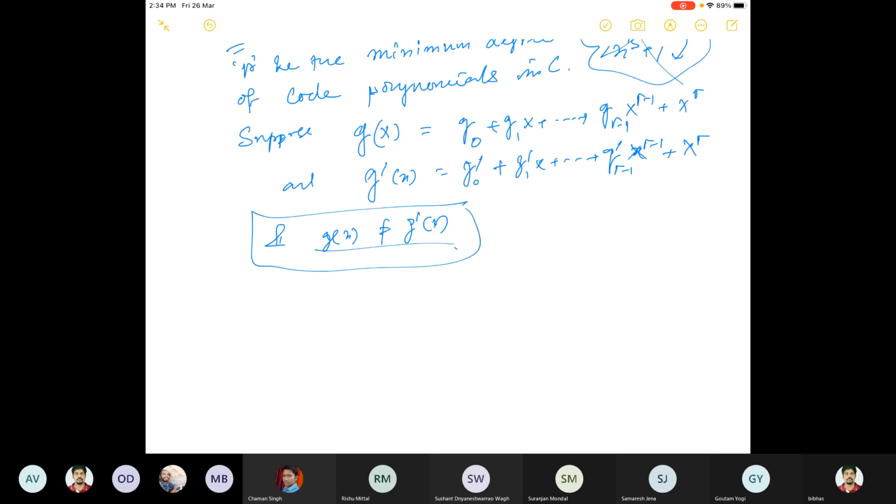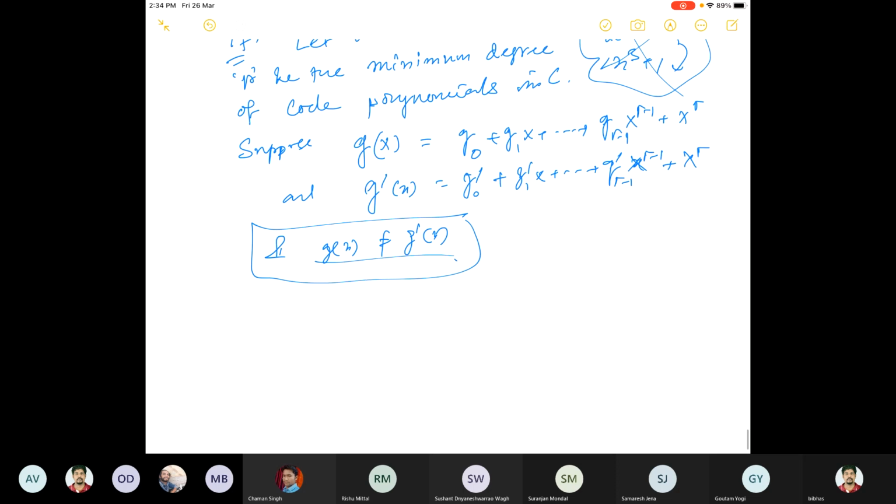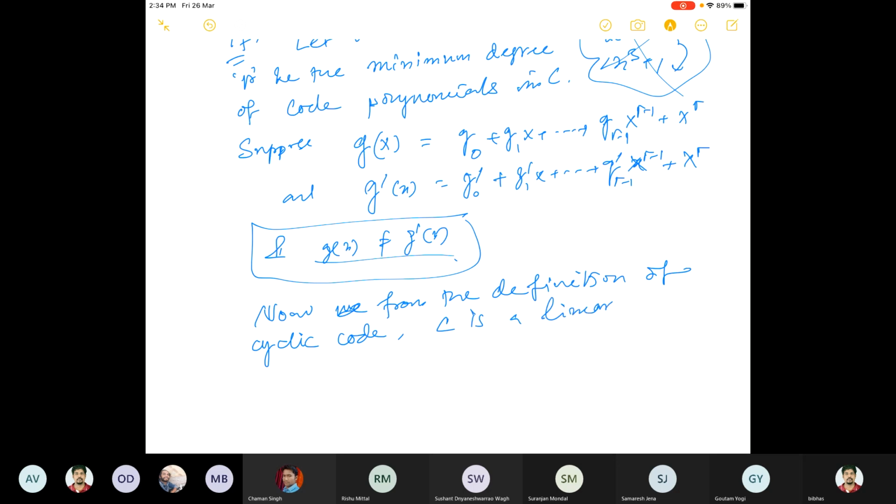Now we already assume that by the definition, we know from the definition of cyclic code, okay, C is a linear space, or a vector space.